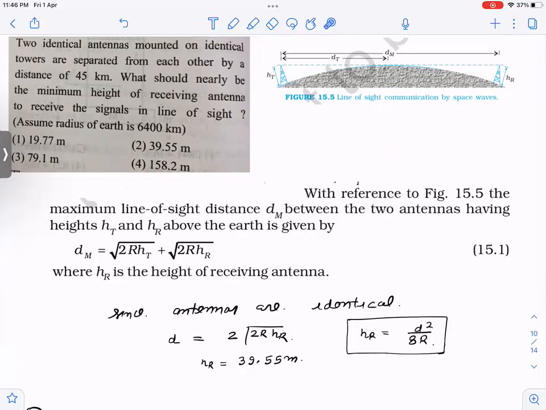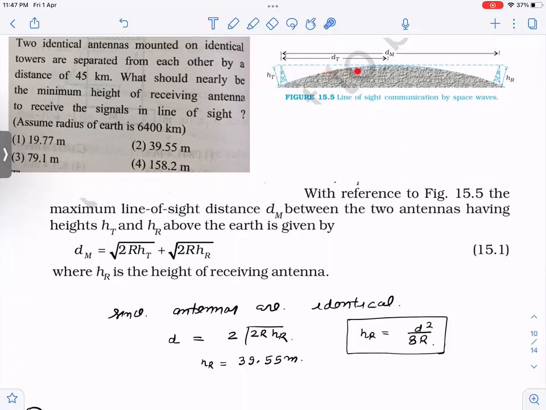So now this is height of the transmitter antenna, and this is the receiver antenna. HR is the height of receiver antenna. And this is the maximum distance between these 2 antennas, right? Maximum for what? Such that the signal transmitted from this antenna can be received by this antenna. Otherwise, if you increase this distance even more, then what will happen?